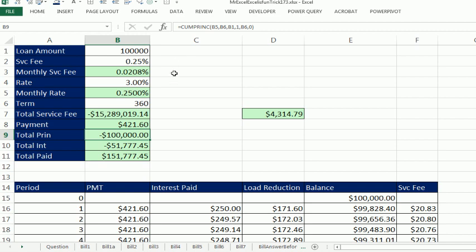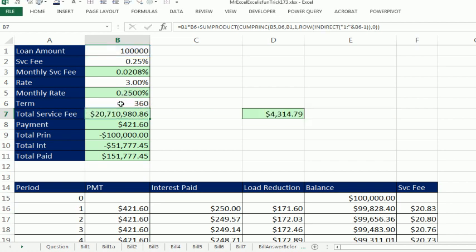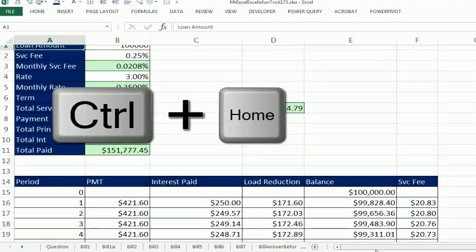So if that's all the cumulatives for every single period, the original amount times 360 would be as if we had the original amount that many different times, and we'll subtract that. So I'm simply going to say, 100,000 times that 360, and then add that negative, and boom, there's the full amount. If you were to Control Shift down arrow, that's that whole amount right there.